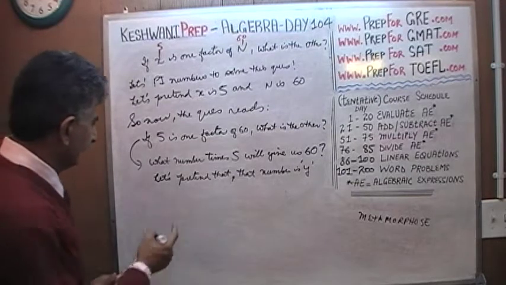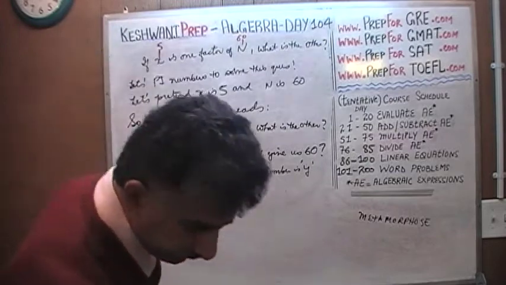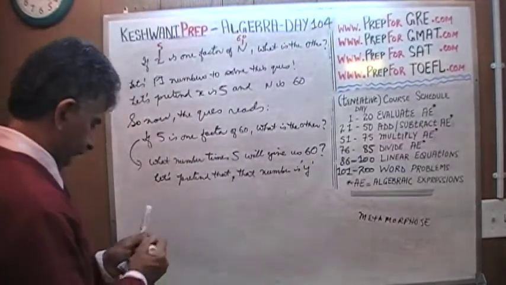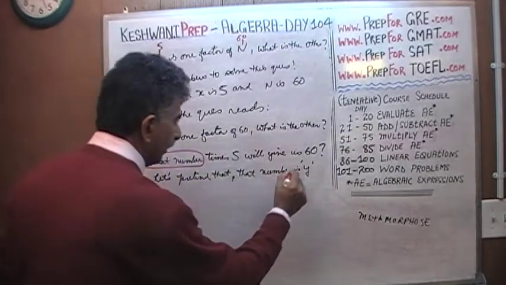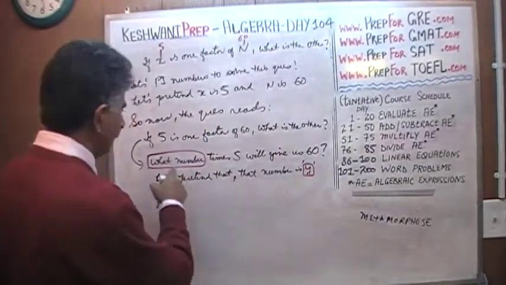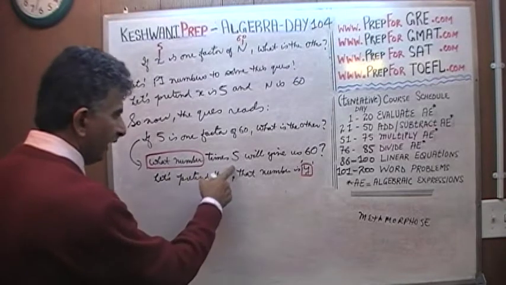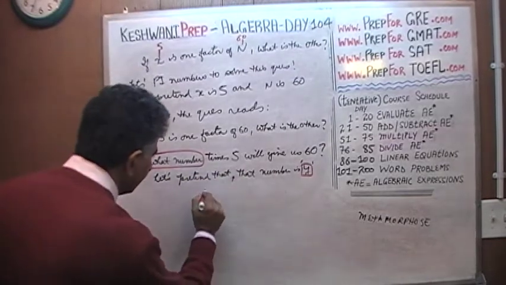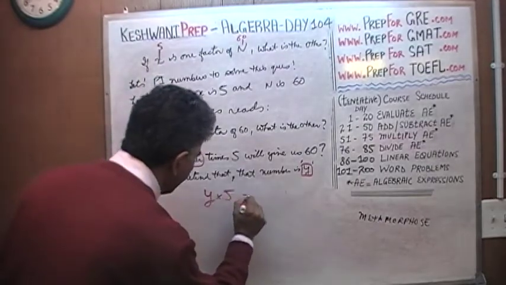In other words, what we're saying is, this what number part here is what we're calling y. What number, we do not know, we're calling it y, times 5 gives us 60.